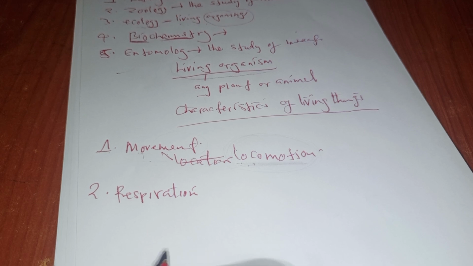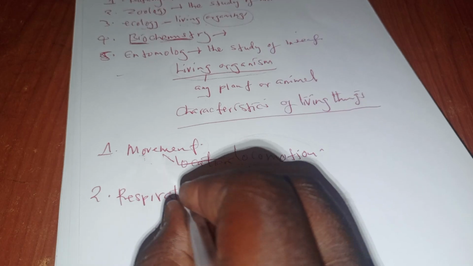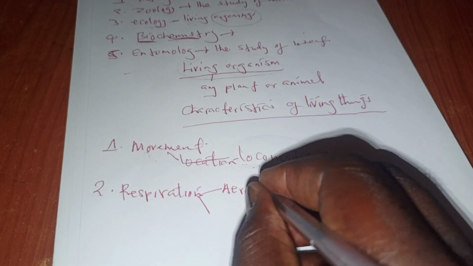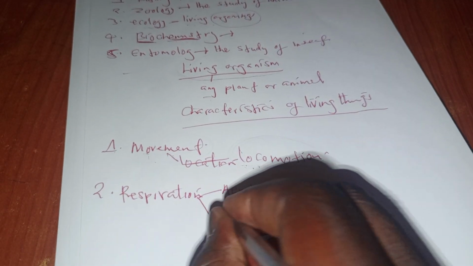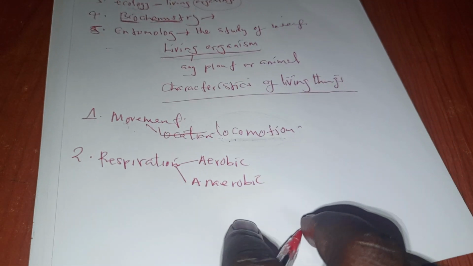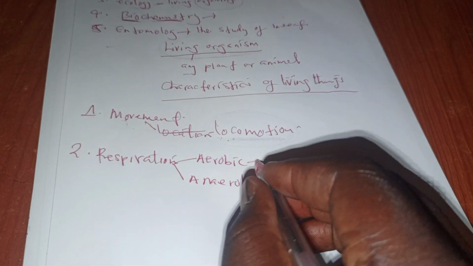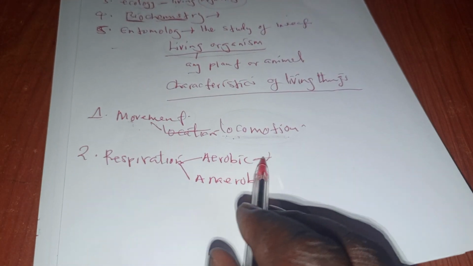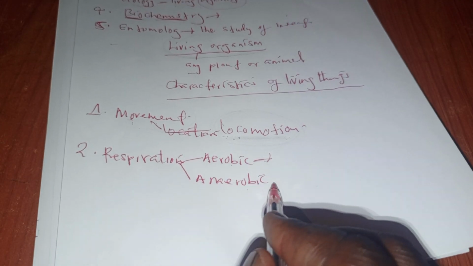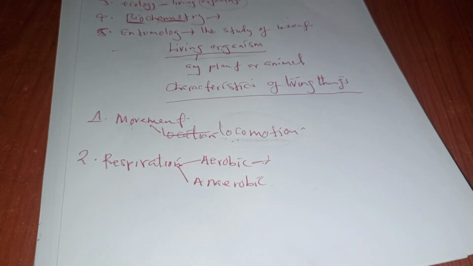There are two types of respiration: aerobic and anaerobic respiration. Under aerobic respiration, oxygen is used. Under anaerobic respiration, oxygen is not used.